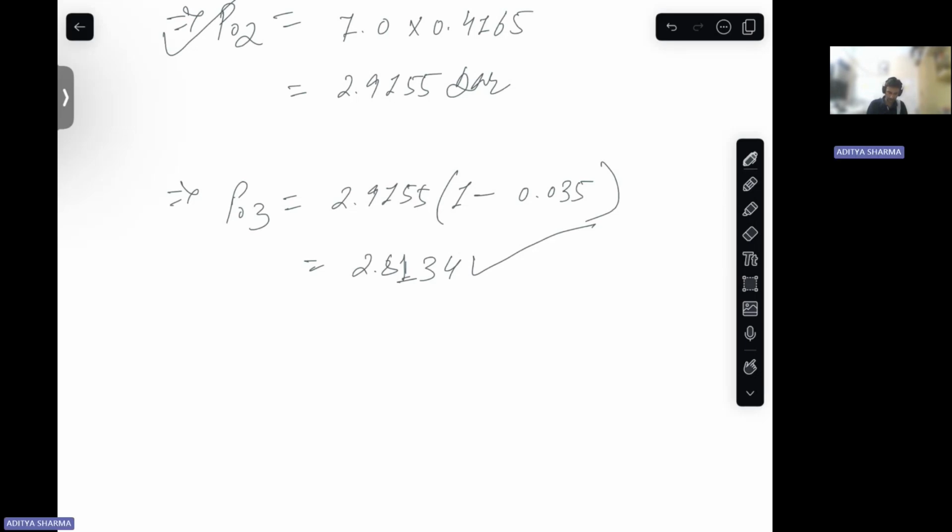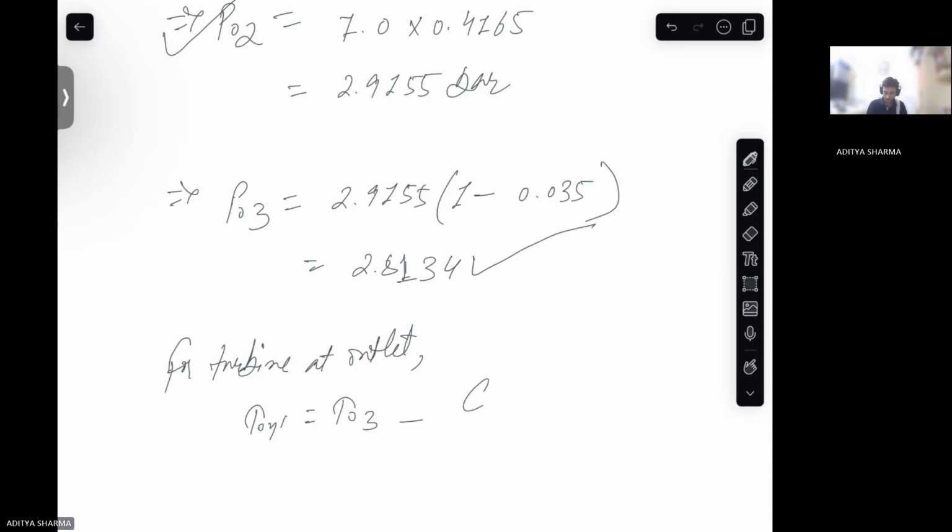So for the turbine at outlet, T naught 4 dash, this ideal one, is equal to T naught 3 minus the T naught 3 minus T naught 2 minus T naught 1, CTG and PR.